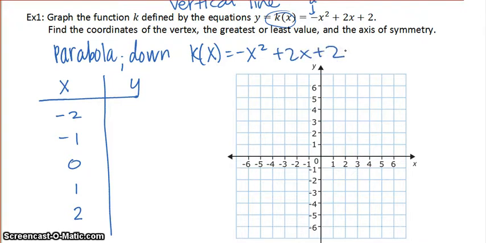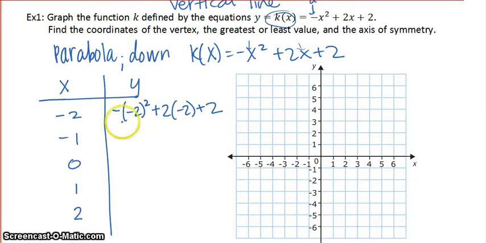And basically, if I plug in -2 for x, I need to find out what my y is. I'm going to write out the first one, how to plug it in, but I'm not going to do it for every single one. So I have a negative (-2) squared. Don't cancel out the negatives, not yet. Plus 2 times -2 plus 2. All I did, in parentheses, instead of x, I wrote -2, which I made my x.